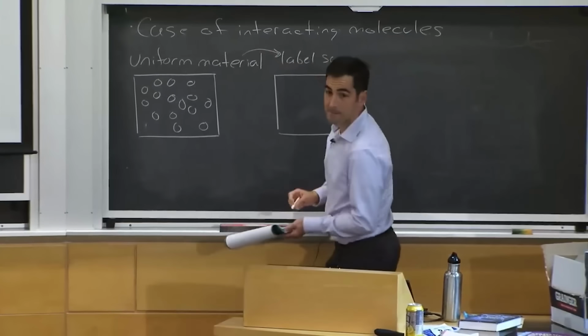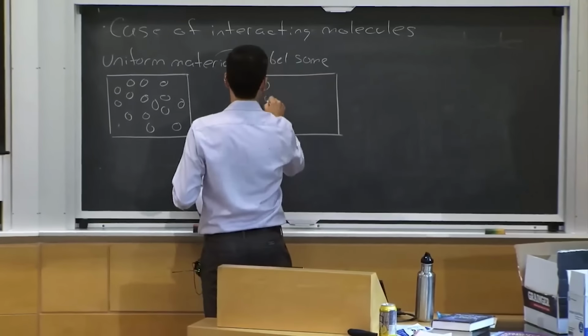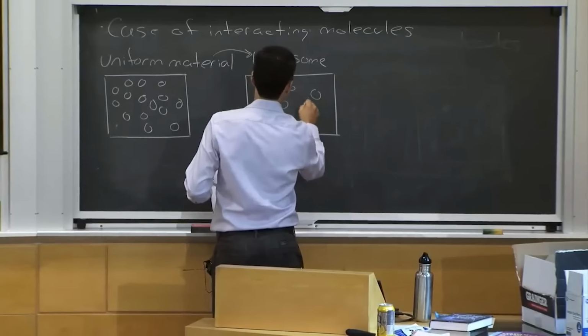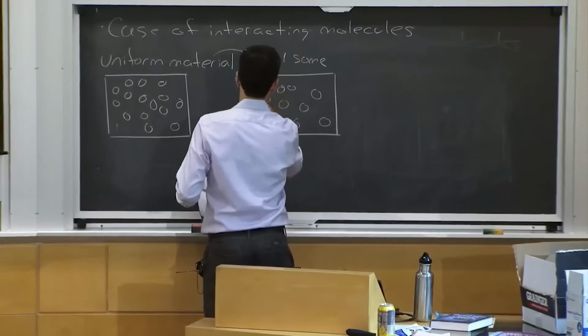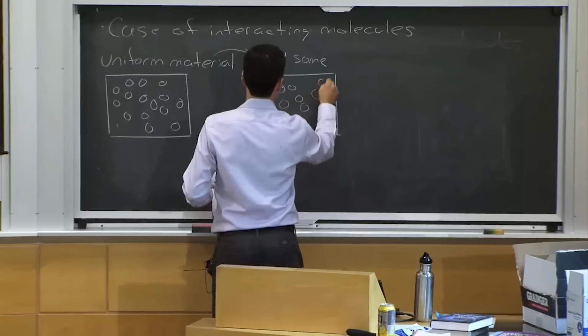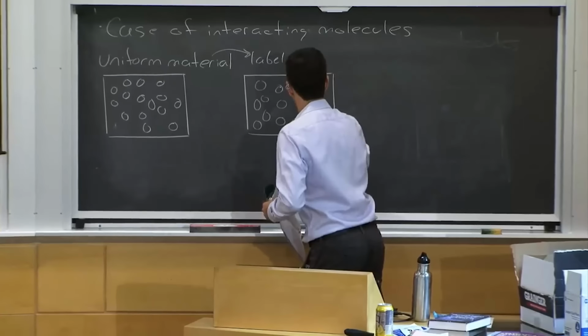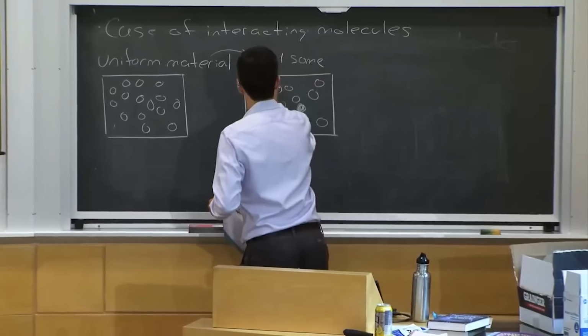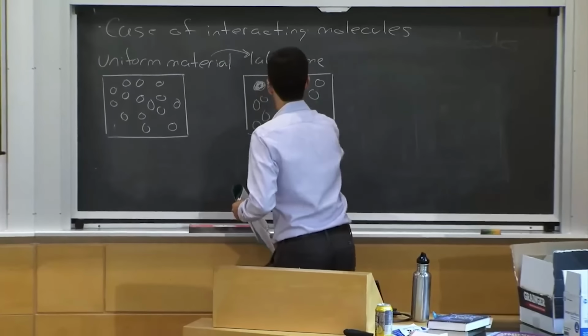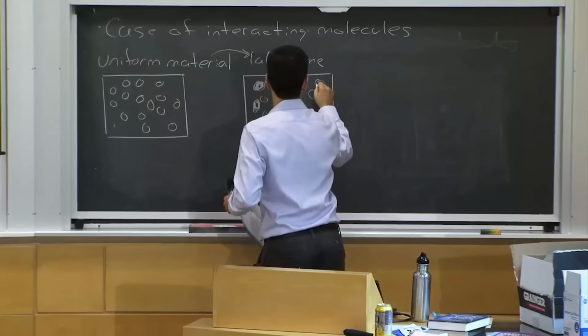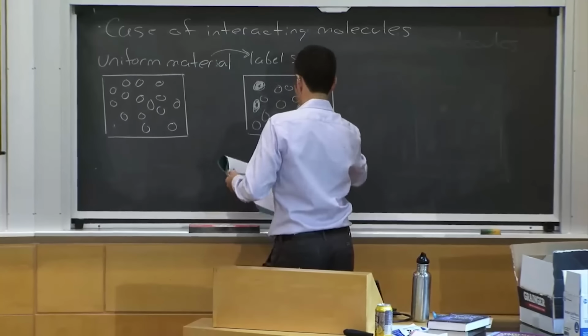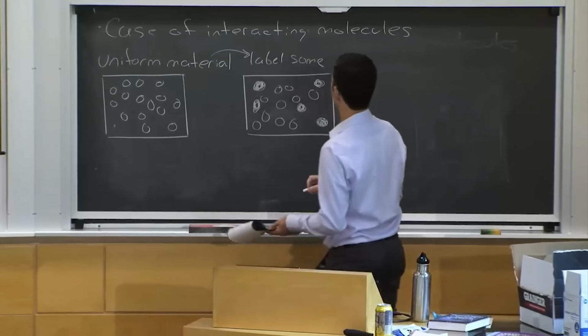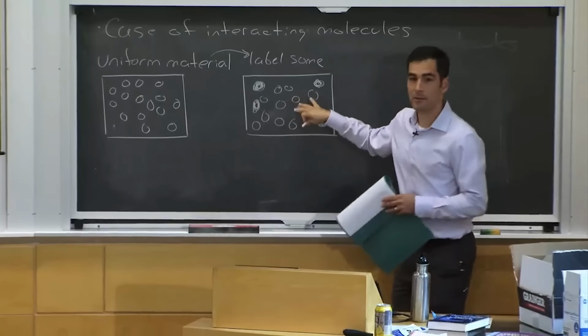This time, I'm going to label them in a way that is more like what you would expect from the equilibrium situation for the non-interacting particles. Label some. OK, so now I've labeled them quasi-randomly.